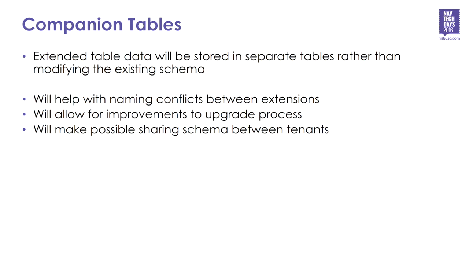And then also, we talked about hyperscale a little bit this morning. With hyperscale, we want to make available the ability to share schema between tenants. If you have some very lightweight scenarios, customers that use a little bit of data infrequently, it doesn't always make sense to spin up a whole database for them.